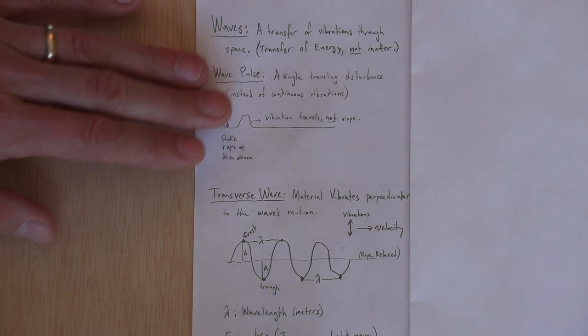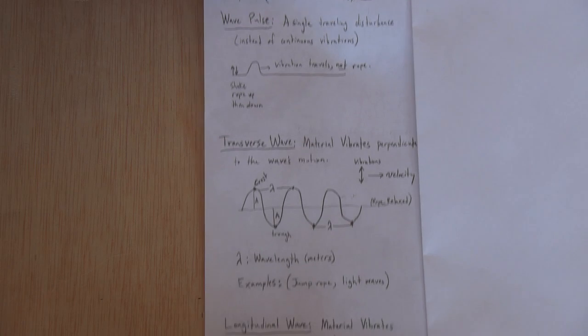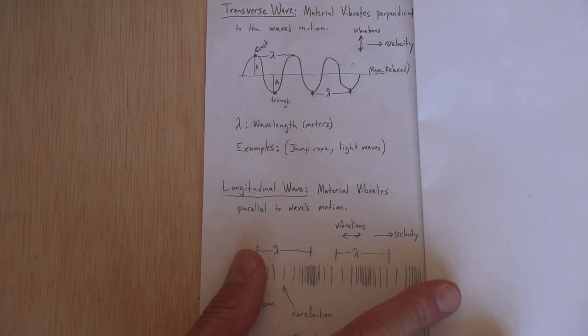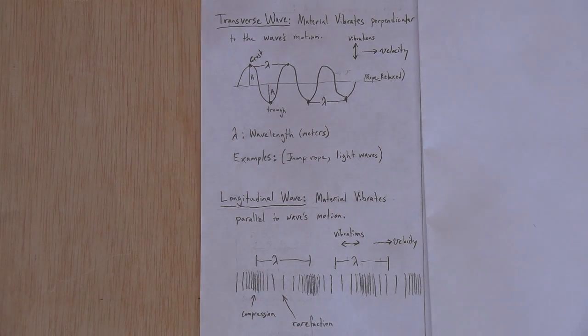All right, so the next set of definitions were introduced in the video that you watched before this video. There are two main categories of waves: transverse waves and longitudinal waves. You could also have waves that are a combination of the two, but we're not going to look into that. It's more complicated than we need.